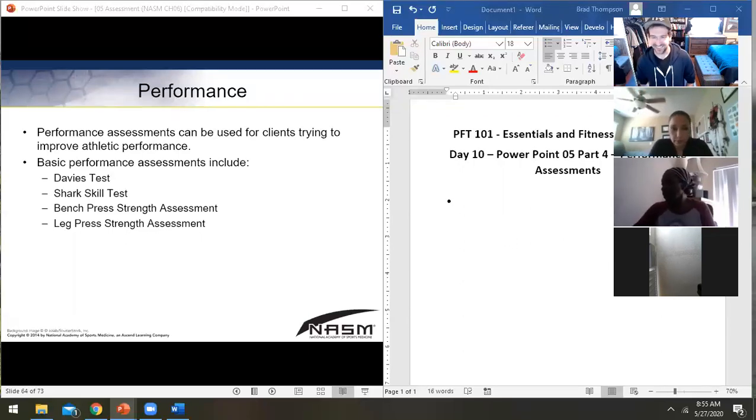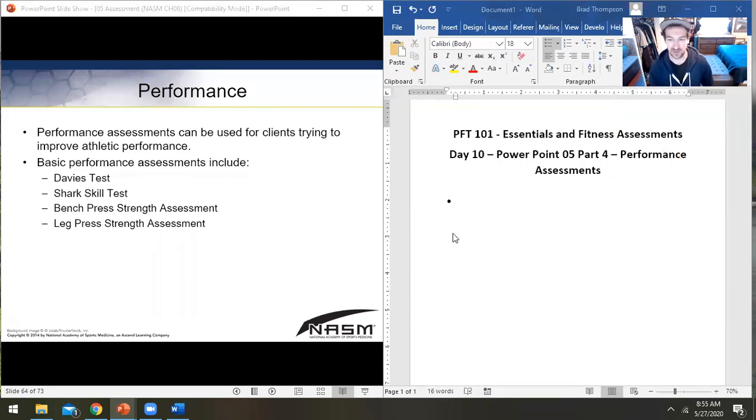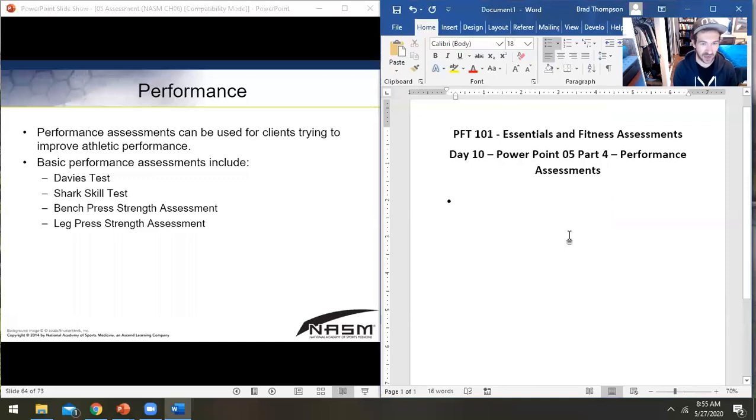You know? So performance assessments, we're going to put these in their own category here. Performance assessments are an example of objective data, right? But they are used for clients trying to improve athletic performance.